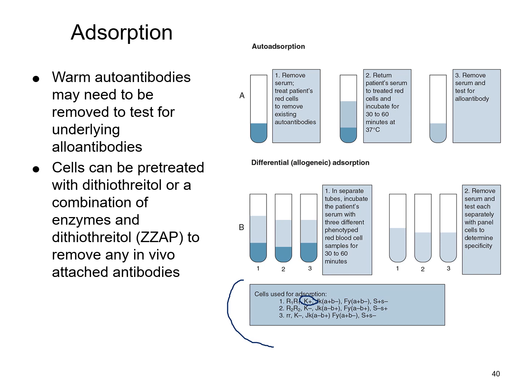So hopefully it's going to be removed from that particular tube. Then you're going to remove that serum, and test that serum separately. With these alloabsorptions, you're going to know what antigens are present on those cells, so that you know what particular antibody you're potentially removing.